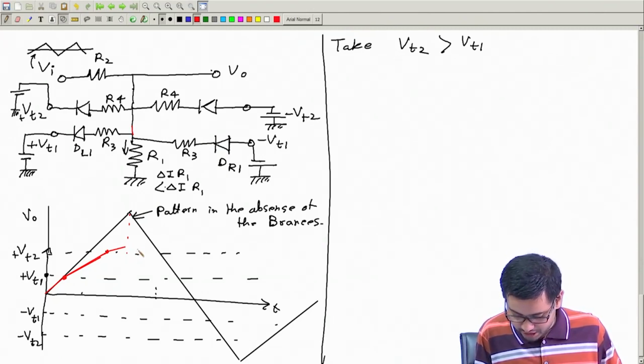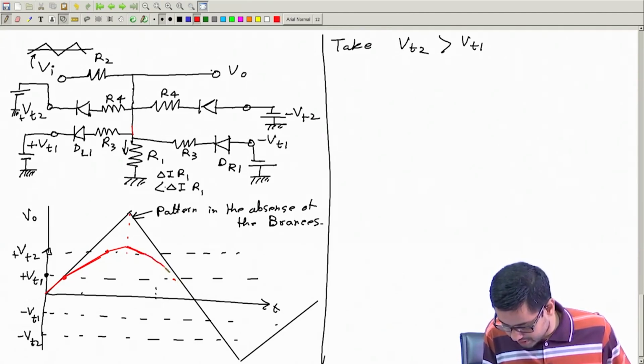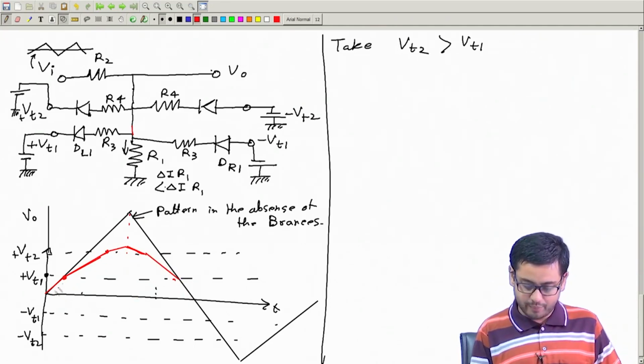It initially goes down slowly, then at a faster rate like this, and then an even faster rate. So this is a better approximate sine wave.